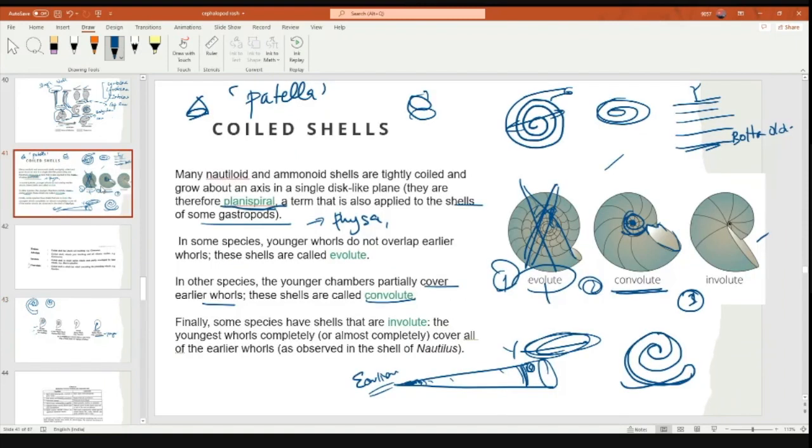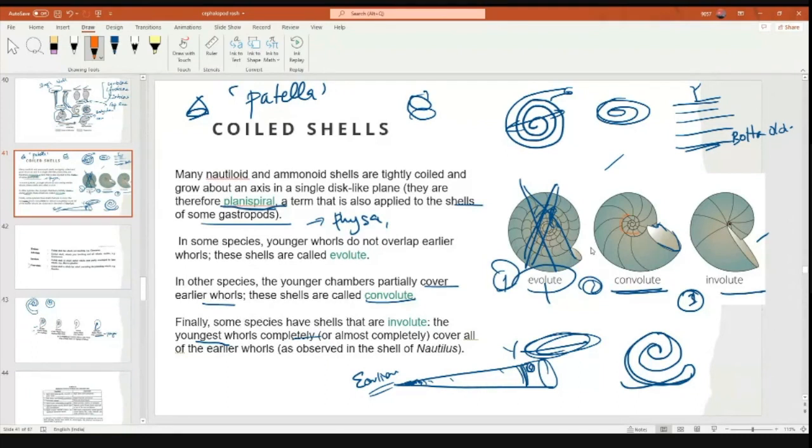So this is convolute and now this is involute. The youngest wall completely covers, totally. See, this is a very small portion, right? If you see the earlier form here, it is quite little, because they are now totally closed. Now it has become very closed.